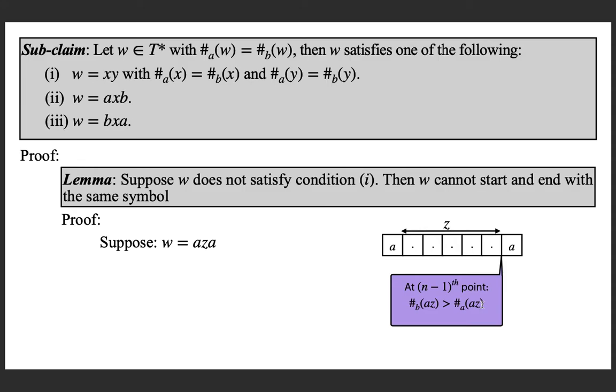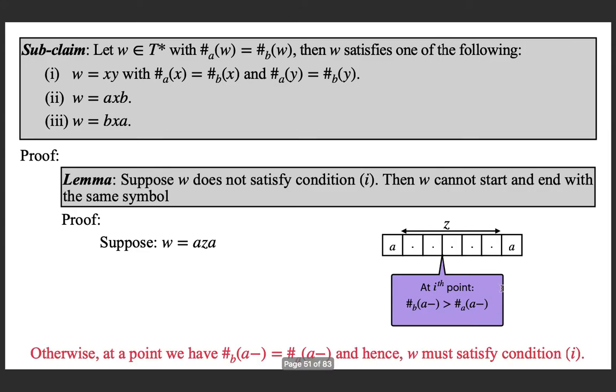Now suppose you move to an arbitrary point here, say the ith point. What will be the relationship between the number of B's and the number of A's? So what is your guess? Is it greater than, less than, or the same? We can prove that it must be greater than. Why? Because suppose it is the same, both A and B are the same at this point.